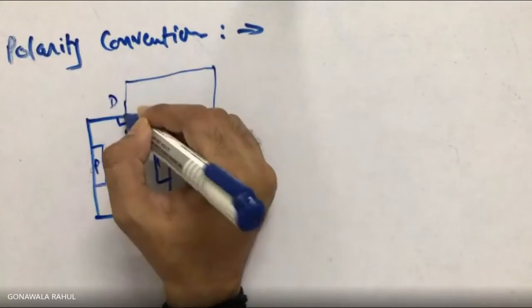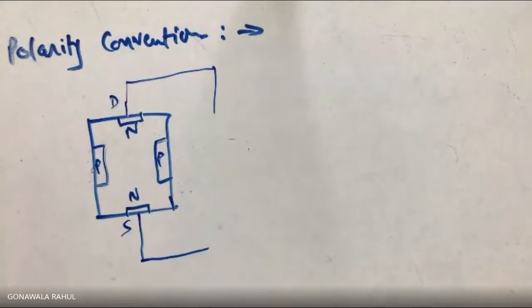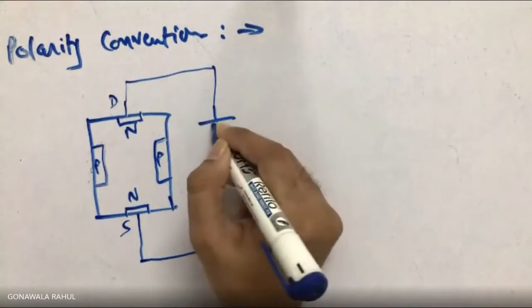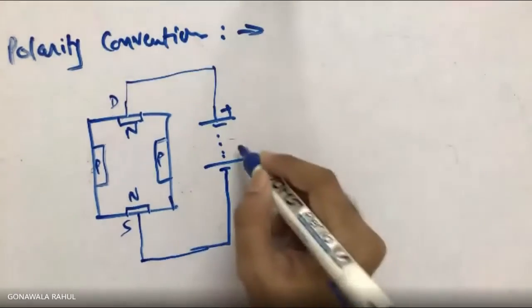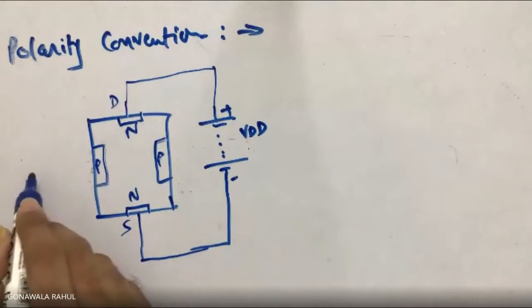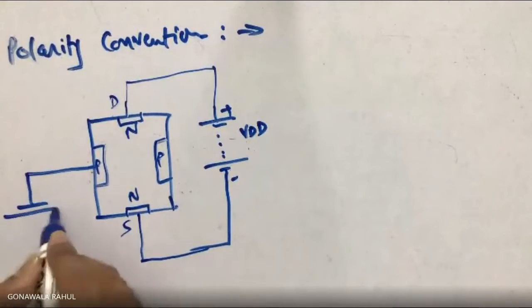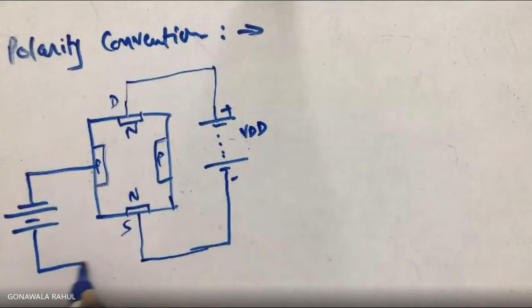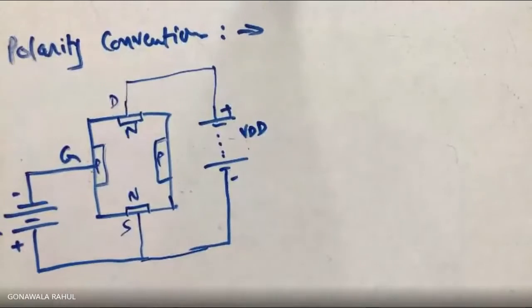As we know, this is our drain and this is our source. Between drain and source we apply biasing VDD, and between gate and source this is our VGG, this is our gate.